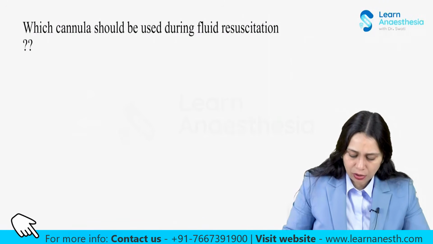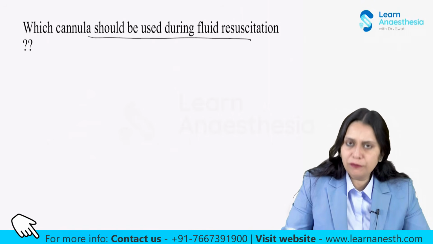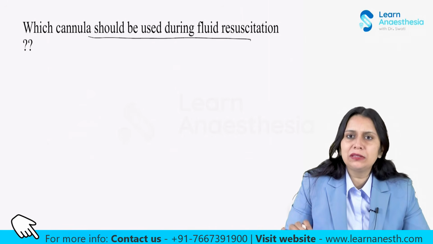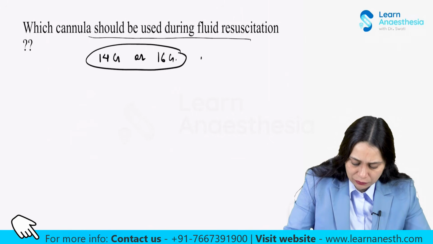Okay. Now let us talk about cannula, which we use for fluid resuscitation. We have different sizes of cannula with different diameters. The cannulas with more diameter, let's say your 14 gauge or 16 gauge cannula, are the wide bore cannulas.